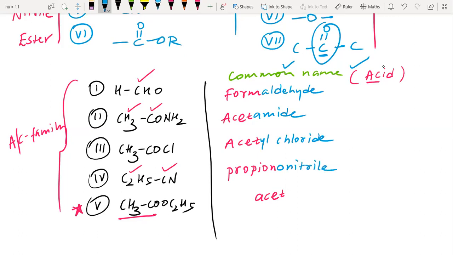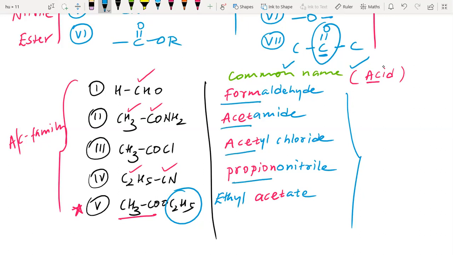In case of ester the suffix is ate, but in ester there is a little problem. First we write the alkyl prefix, that is ethyl, and then acetate. So these are all derived from carboxylic acid.